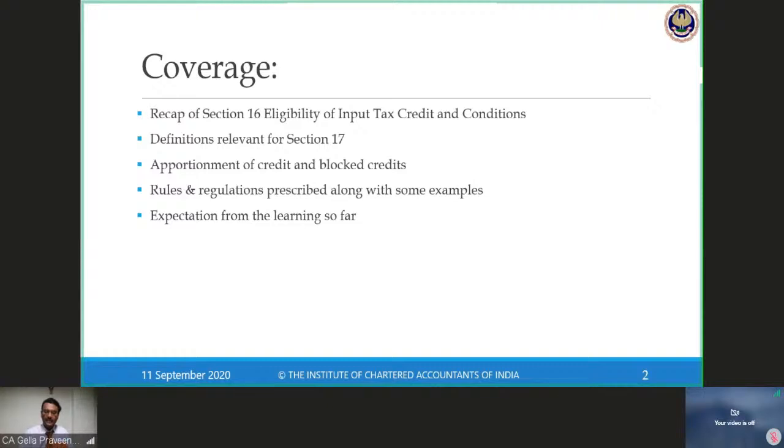While reading section 16 subsection 2, we understood what we mean by receipt of goods or services, what we mean by making a payment to my supplier, and what we mean by the documents which are relevant for availing input tax credit. Finally, we looked at the time limit set in relation to availment of input tax credit. We picked up one particular example in relation to rule 36, where we extensively did permutations and combinations using one Excel file.